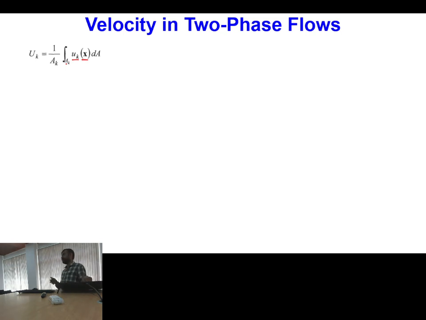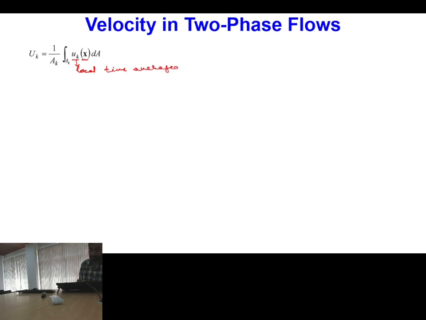Typically, whenever we measure velocity, we consider that our measurement will be dominated in the mean flow direction. So u_k is the velocity in the direction of the mean flow, but this u_k is nothing but a local time averaged velocity.